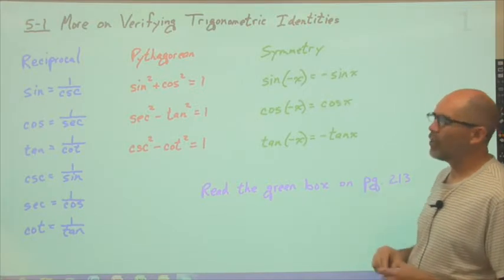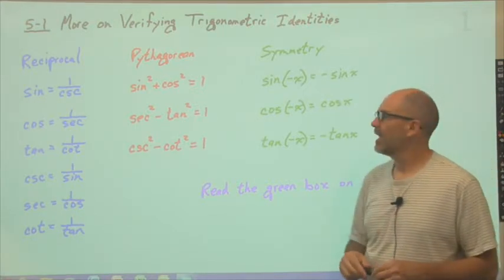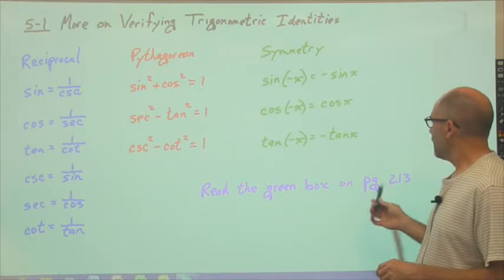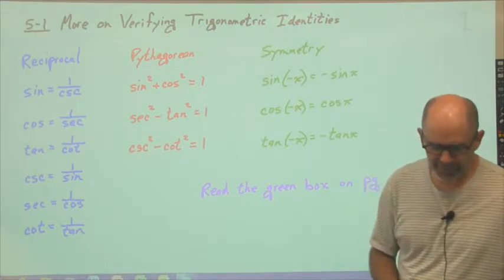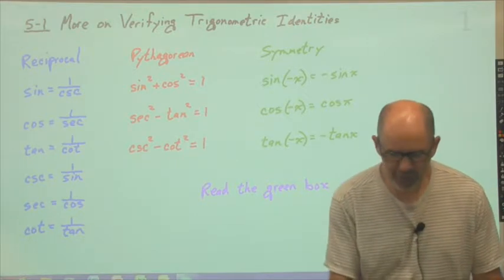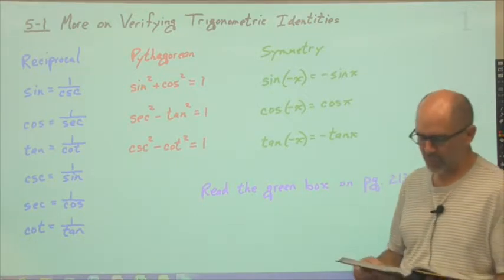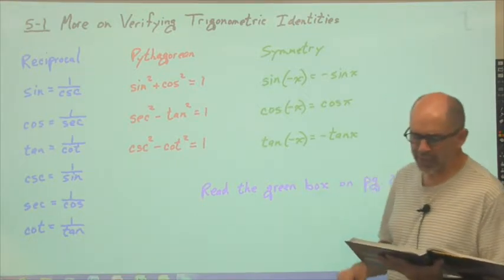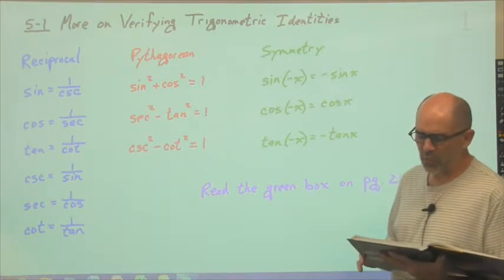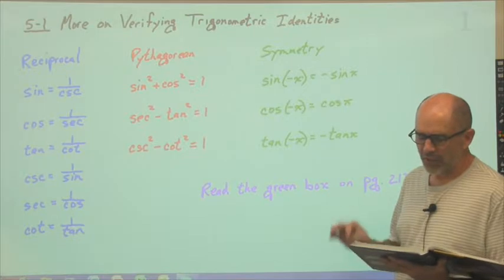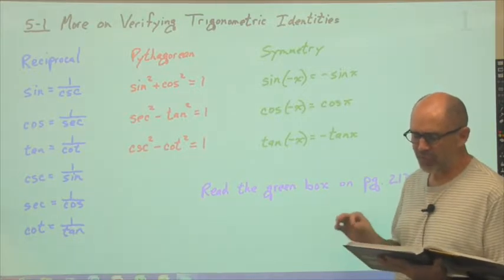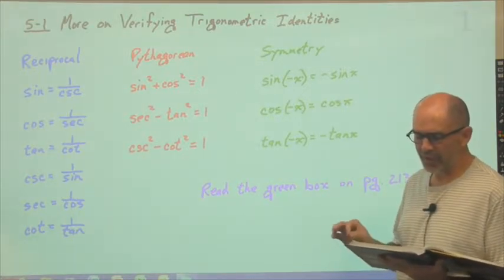Now when we're verifying the trig identities, page 213, that green box, really does a good job of explaining what you're allowed to do and what you're not allowed to do. So notice it says, as a general rule, work on only one side of the identity. We cannot assume the equation is true, so properties of equality cannot be applied.